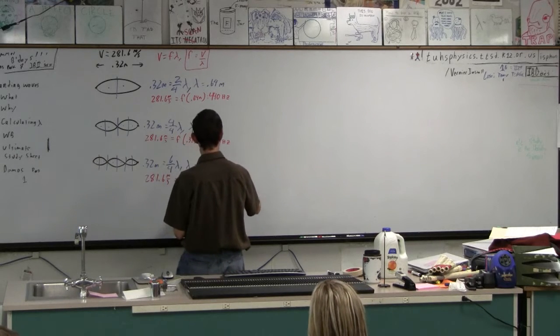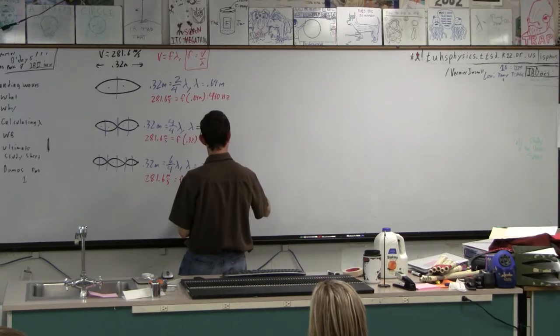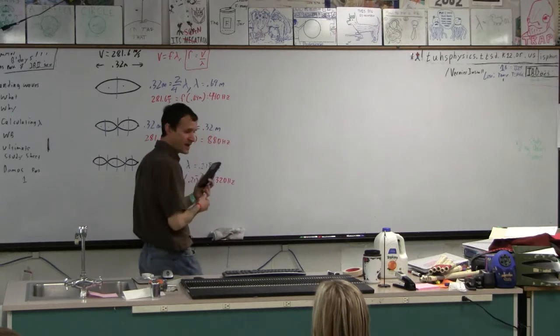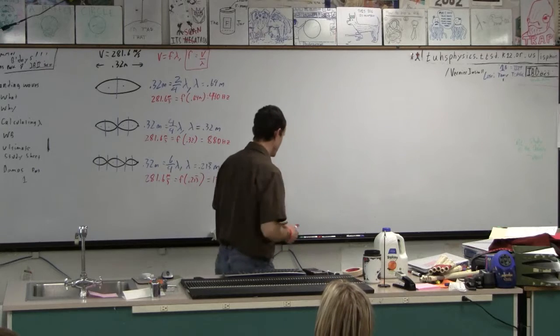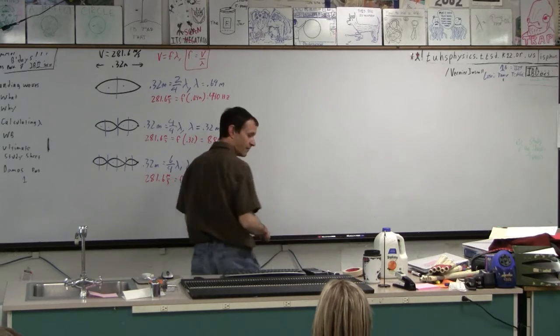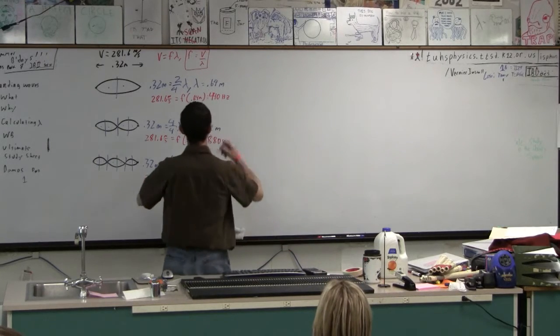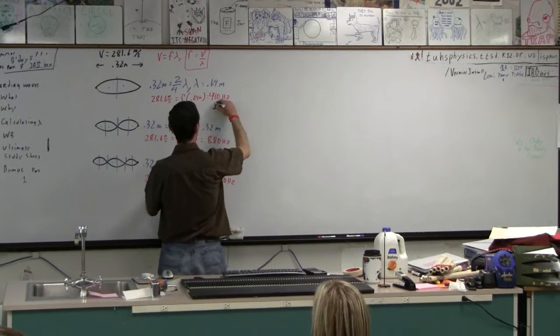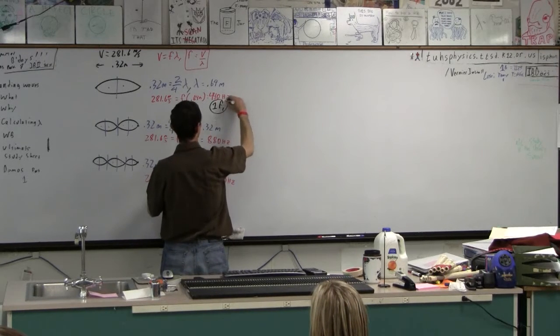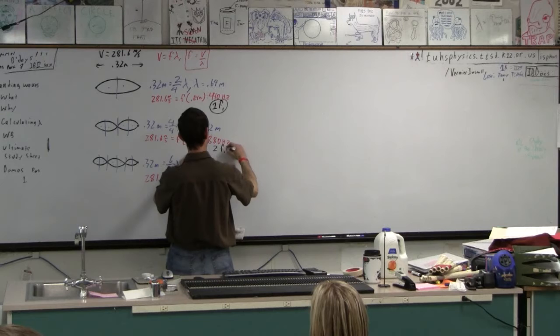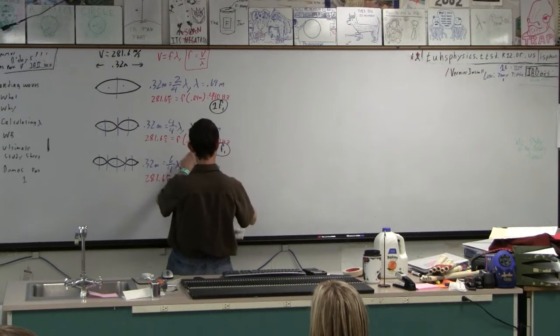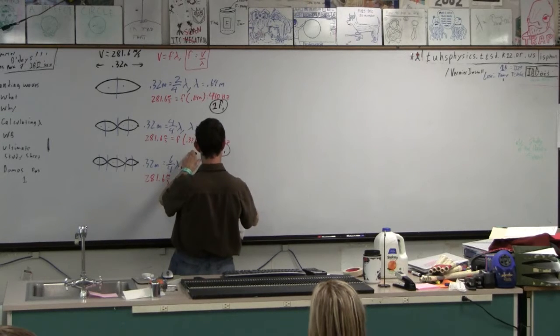So the pattern is that it always adds 440. If this is the fundamental, this is 1 times the fundamental, this is 2 times the fundamental, this is 3 times the fundamental.